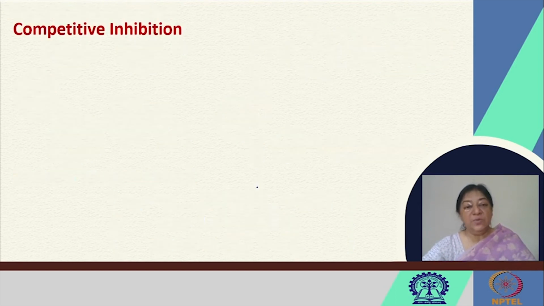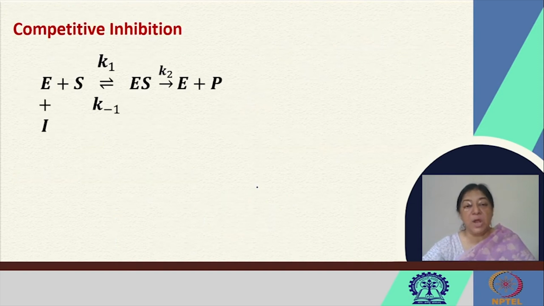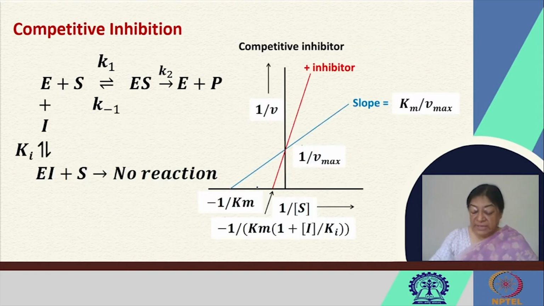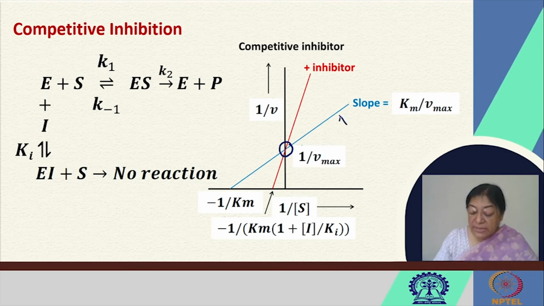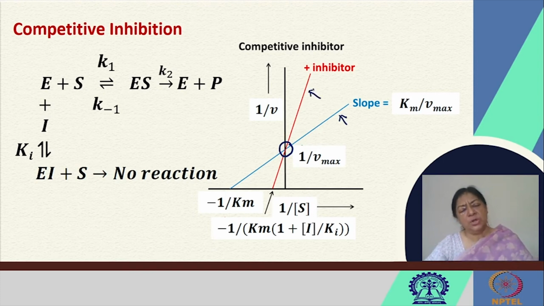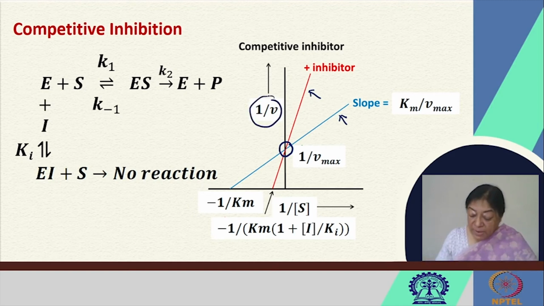If we look at the Lineweaver-Burk double reciprocal plot now, the y-intercept we know is 1 by Vmax, and we will see an intersection of the two lines, where the blue line indicates no inhibitor and the red line indicates the plot with inhibitor, 1 by V versus 1 by S, which is our Lineweaver-Burk plot.